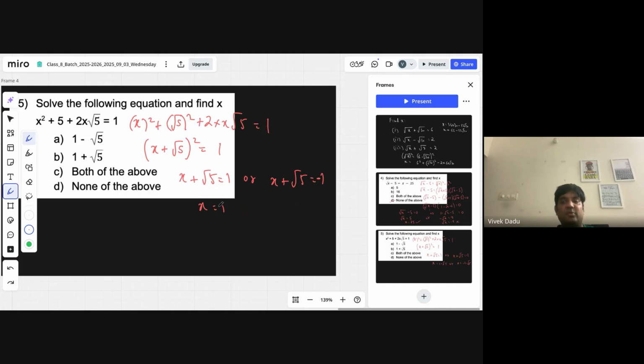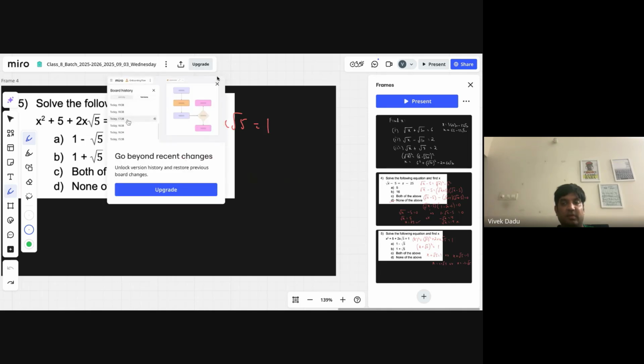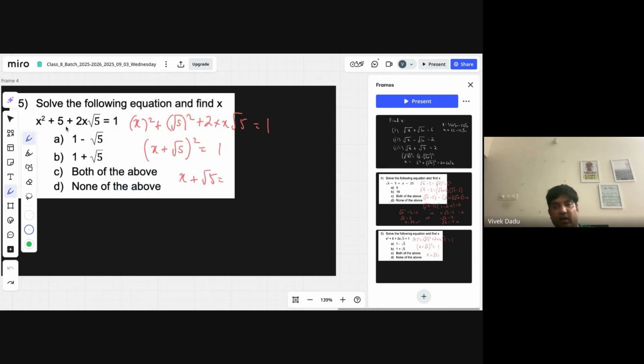Why do you feel minus 1 should not be there? That's a very good question, Myra, you are asking. I am asking a counter question. Why should it be this, and why should we not write this is 1 or minus 1? Very good, Myra. So Myra is applying a simple logic here. And this is where you will realize how math fools you.